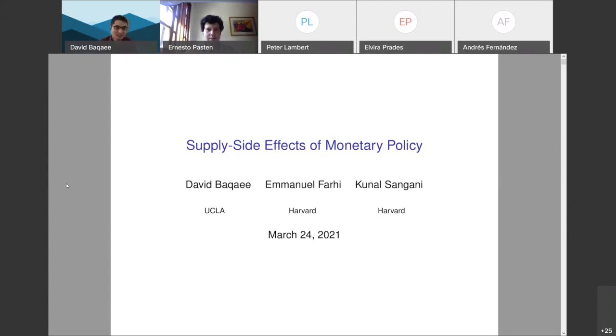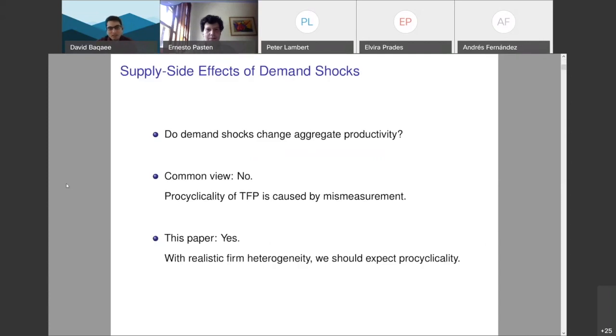Okay, excellent. So in this paper, as you might be able to guess from the title, the big picture question that we are asking is, do aggregate demand shocks affect the aggregate productivity of an economy?